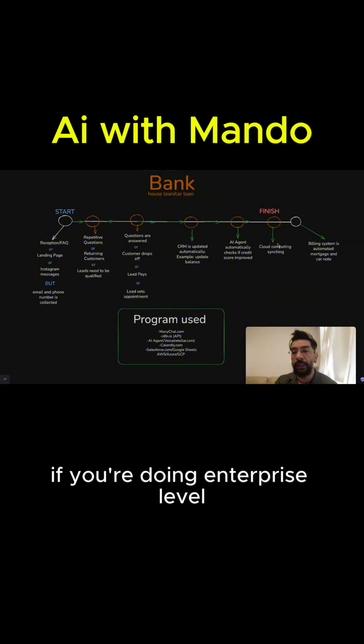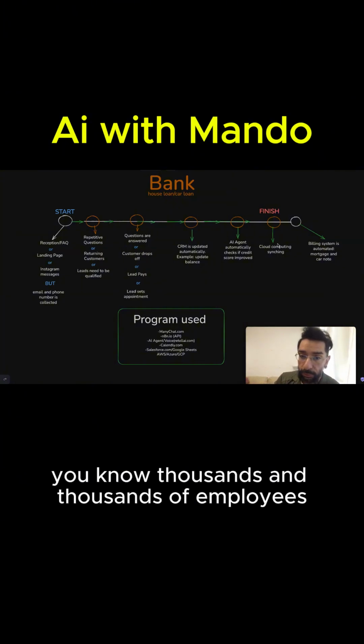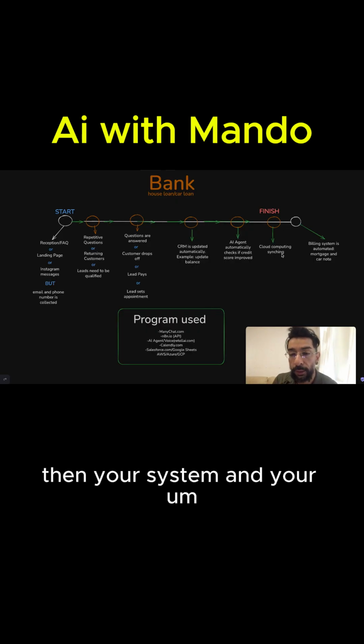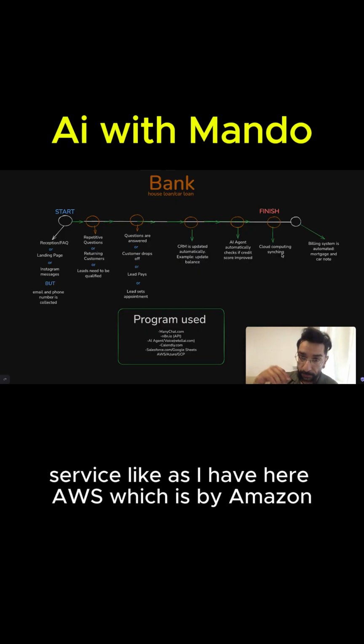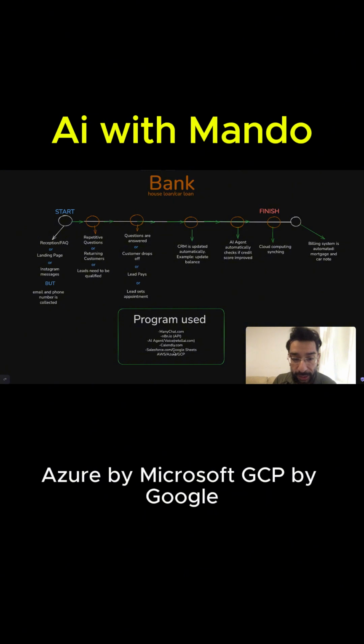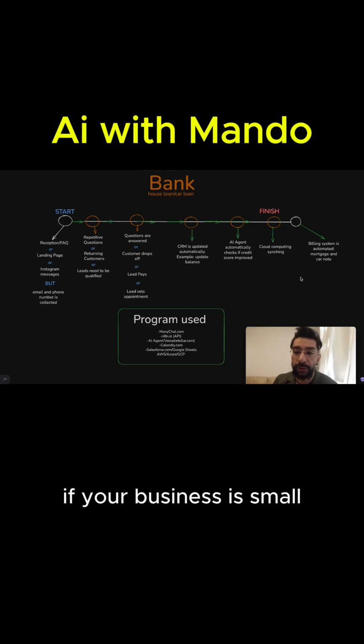And then the next thing, if you're doing enterprise level, like thousands and thousands of employees, then your system and your business is probably connected to a cloud-based service, like as I have here, AWS, which is by Amazon, Azure by Microsoft, GCP by Google. But these are all cloud-based, cloud computing. You don't have to worry about that too much if your business is small.